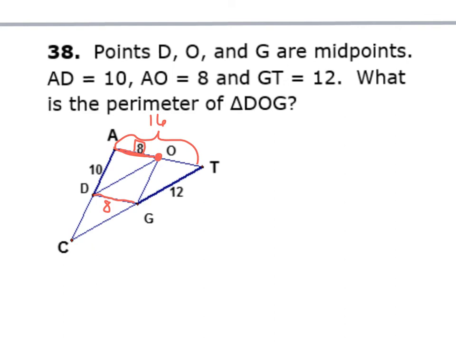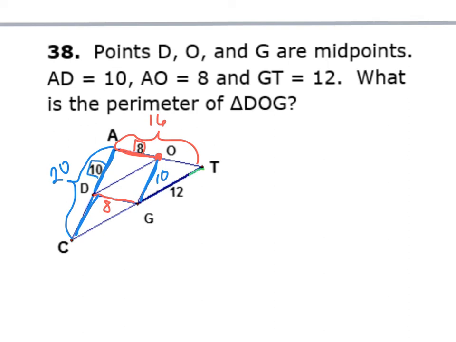Okay? So then when I look at CT, if from A to D is 10, then it's also 10 here, which means that whole side is 20. Which means the side across from it is half of that, 10. And again, same here, half of that, 10.